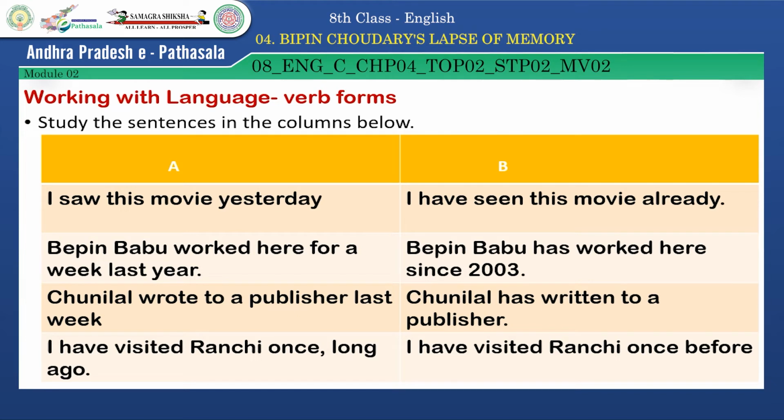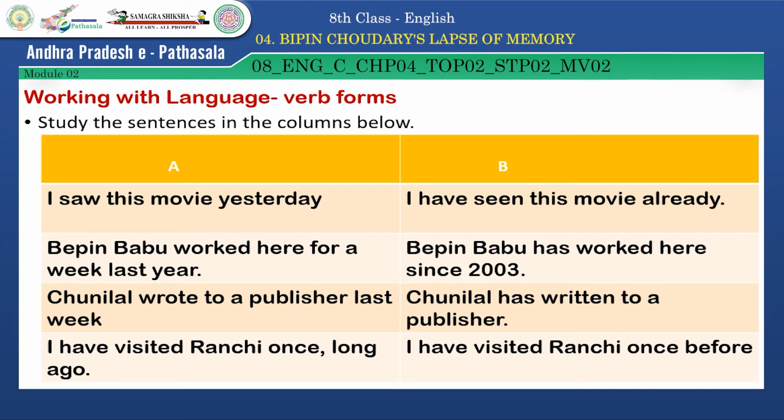Now column A, last sentence. I visited Ranchi once long ago. Long ago I visited, not now. It has nothing to do with the present time. So it's completely simple past. I have visited Ranchi once before. So this might be his visit now.